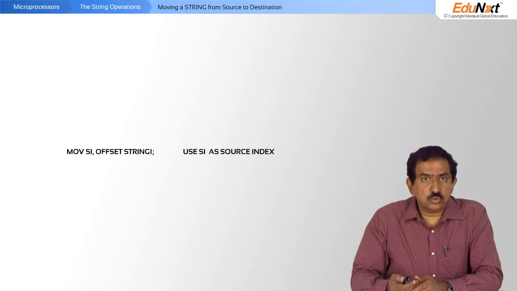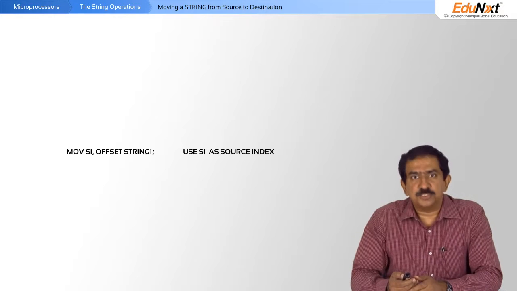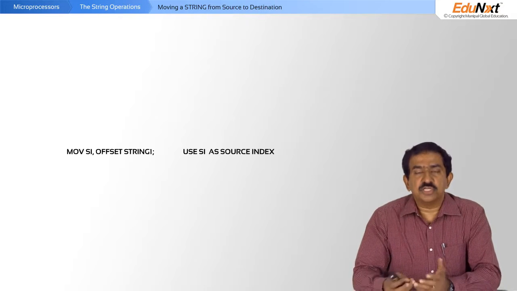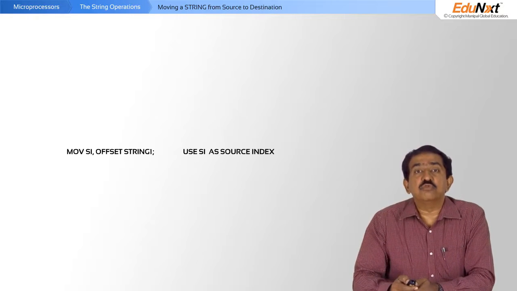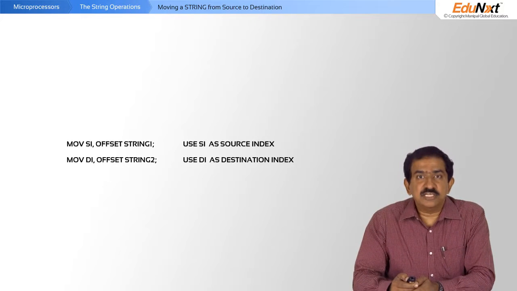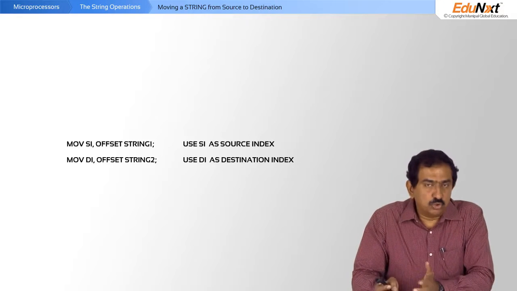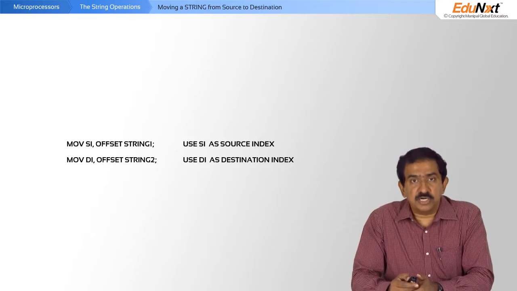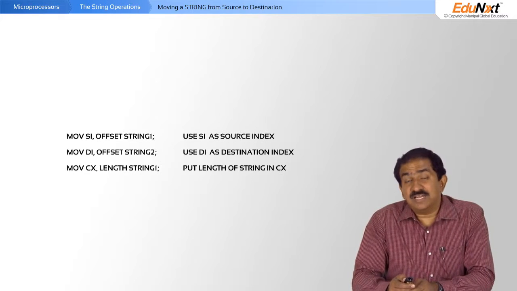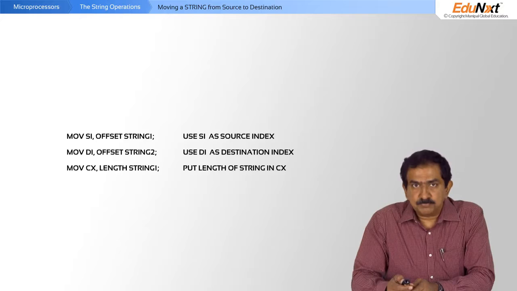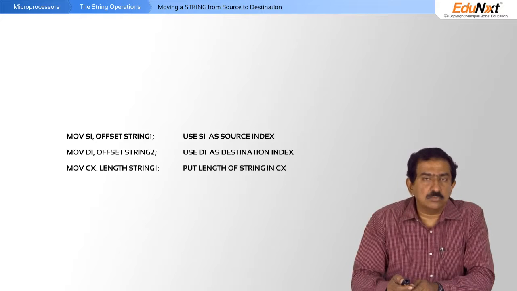First of all, you would have to move into the source index, the SI register, the source locations from which the move must happen. Into the destination index, the DI, you would have to move the destination index values. I'm assuming that the DS and ES registers are already initialized. You would have to move the length of the string into CX, and then you actually start the move operation.